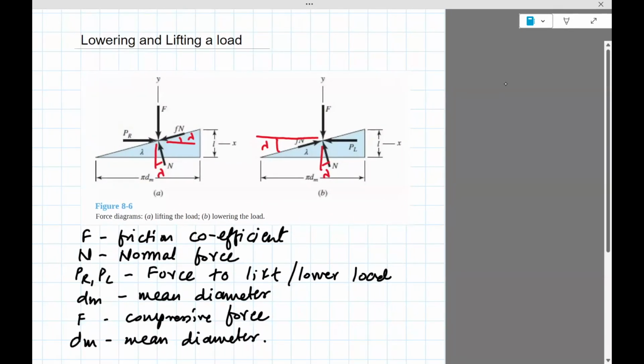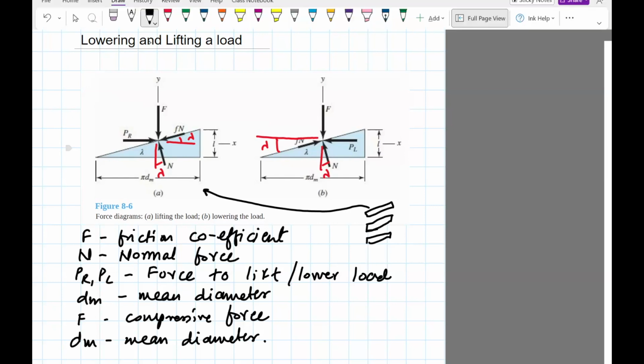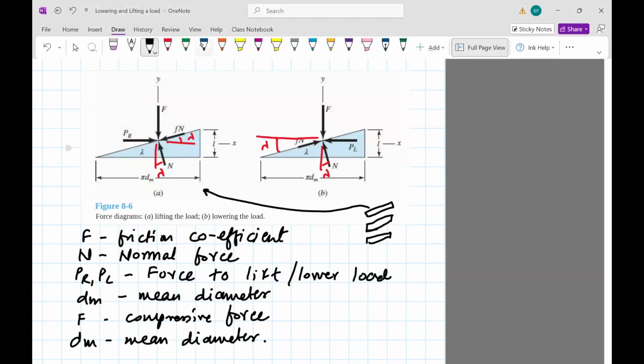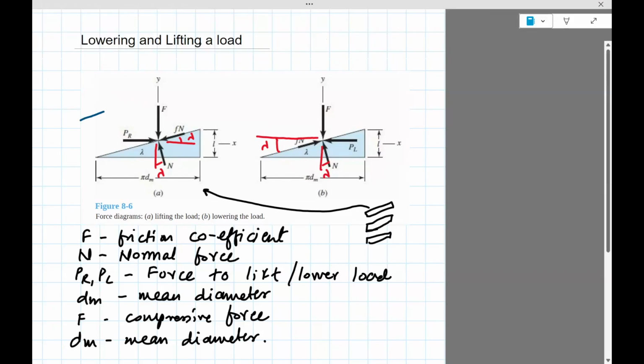On the left side, this is just showing one of the threads, with that slope. When you are applying a force to lift the load, you're basically sending the screw in that direction, right?